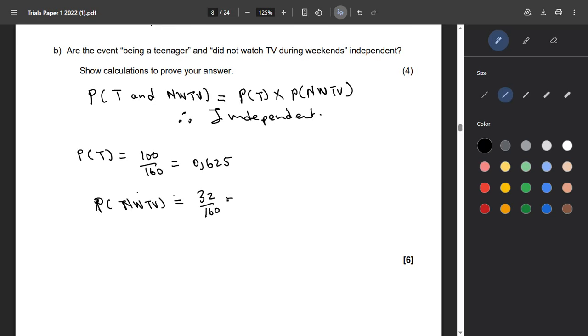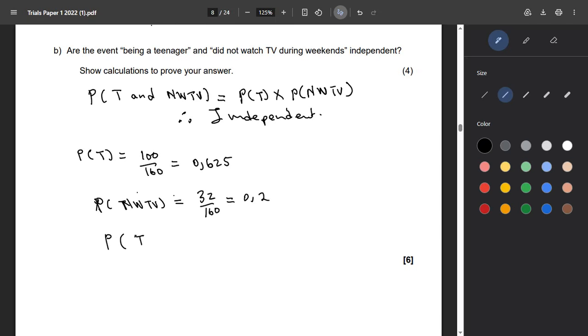I'm just going to quickly put this on the calculator. Let's see what this gives us. Okay, so this is equal to 0.2. So this is the probability. The last one is the probability of the intersection.